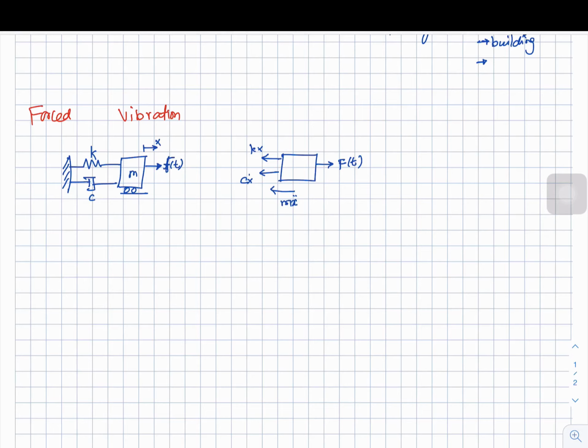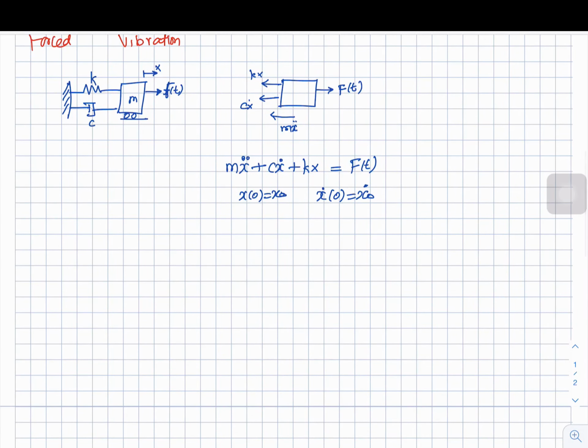Now the equation of motion becomes this. We need to find the solution for this.